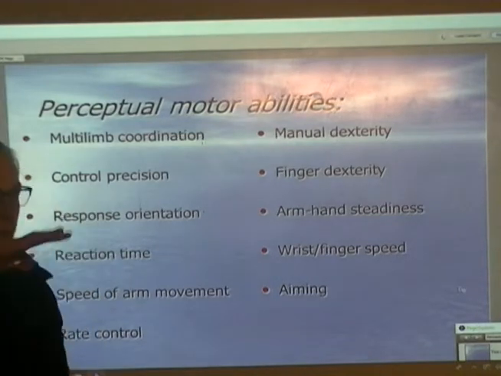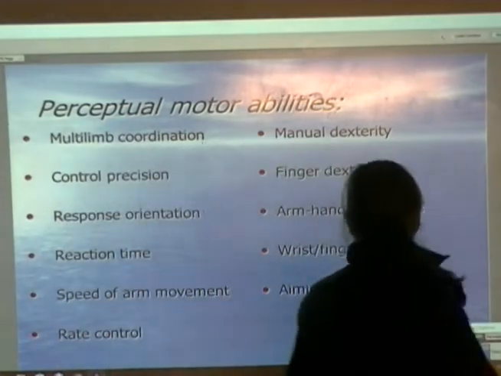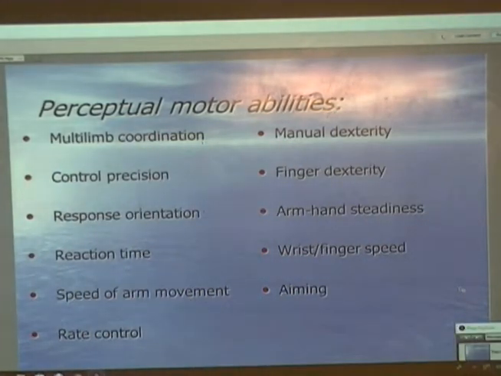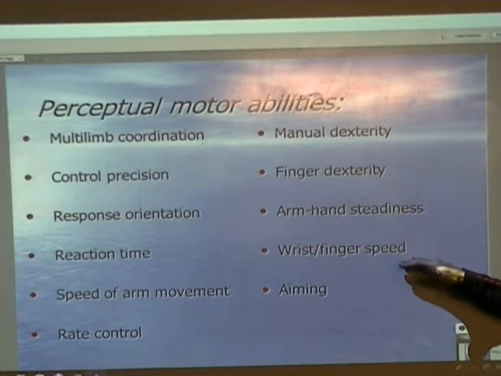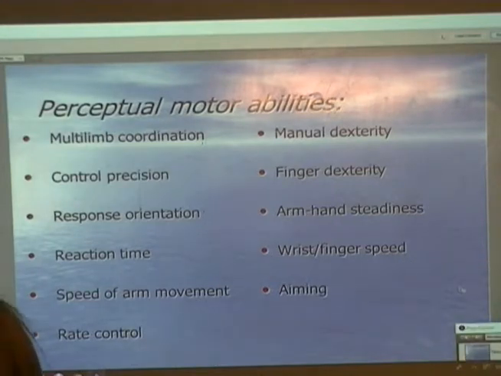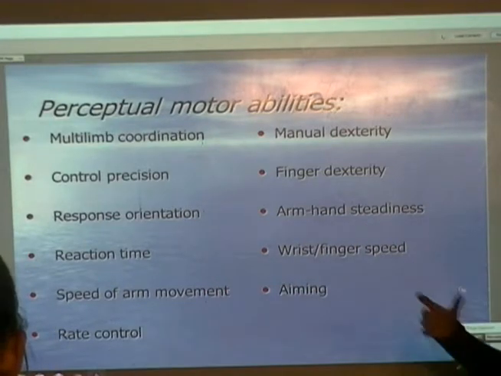I have no arm-hand steadiness. Okay? Wrist-finger speed. So people who can type 90, 120 words per minute have a lot of wrist-finger speed. Me? Right? Not happening. Okay?